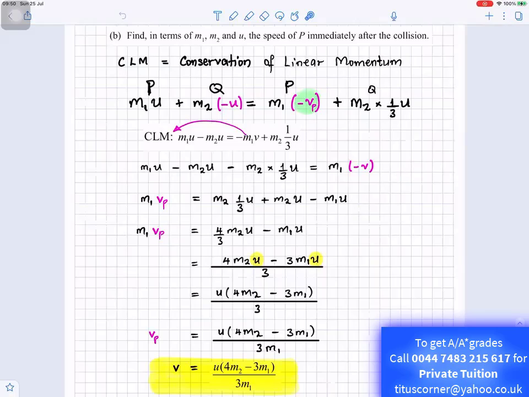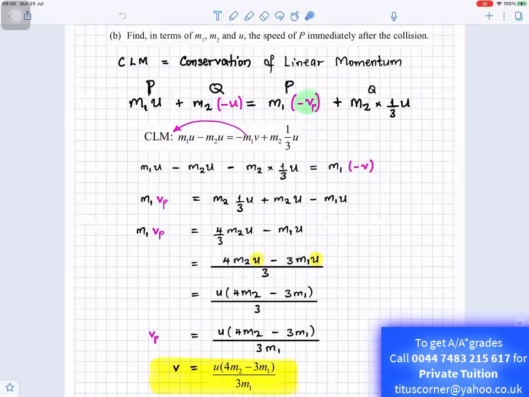So m1 times vP is equal to 4/3 m2u minus m1u, adding the m2u terms: 1 plus 1/3 gives you 4/3.